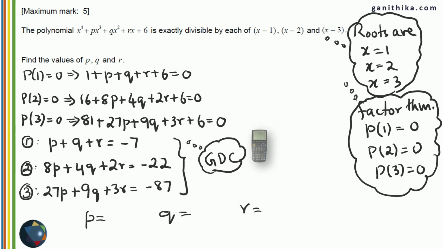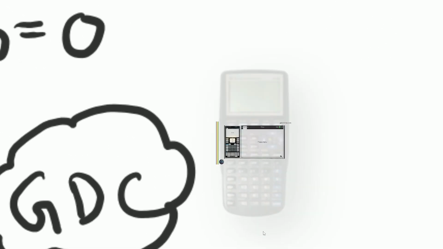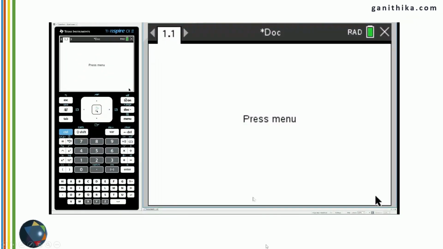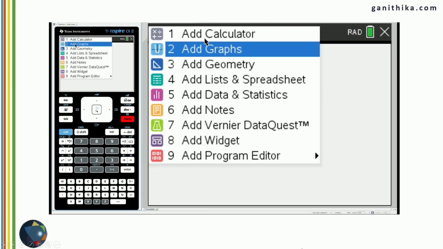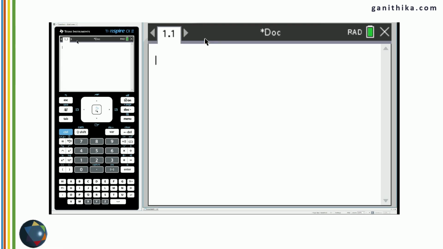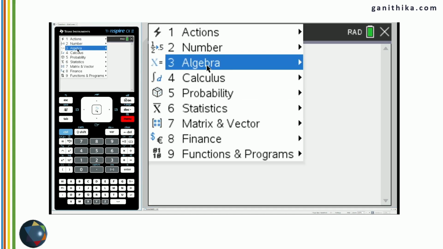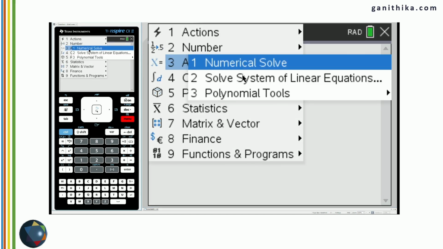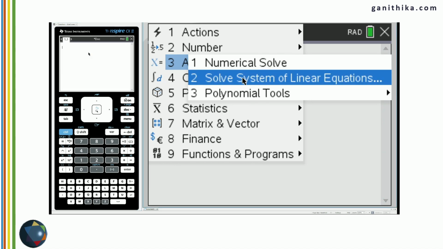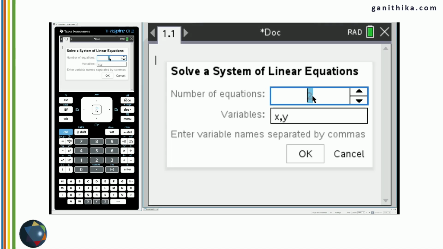You can go to GDC and add calculator to your home screen and go to menu, go to algebra, and you have solve systems of linear equations. In this you have to change the number of equations from 2 to 3. 2 will be by default.